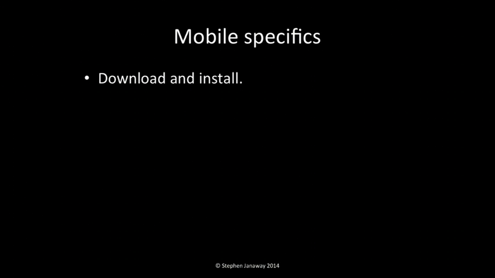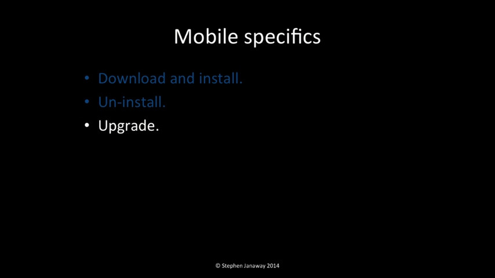So from a mobile specific perspective, there's a couple of other things to look at in terms of downloading and installing applications and then uninstalling them. Maybe does all the data get removed when you uninstall? Can you upgrade the application? Very important. Sometimes it happens automatically, sometimes manually. Think about rotating screens.